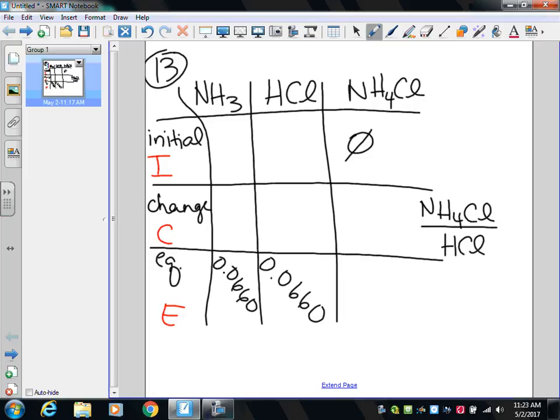It's a 1-to-1 ratio, right? If you're looking at the equation. You see that? Okay. So, if we say that it's a 1-to-1, I don't know what this one is, but I do know my equilibrium value here, that we're told.